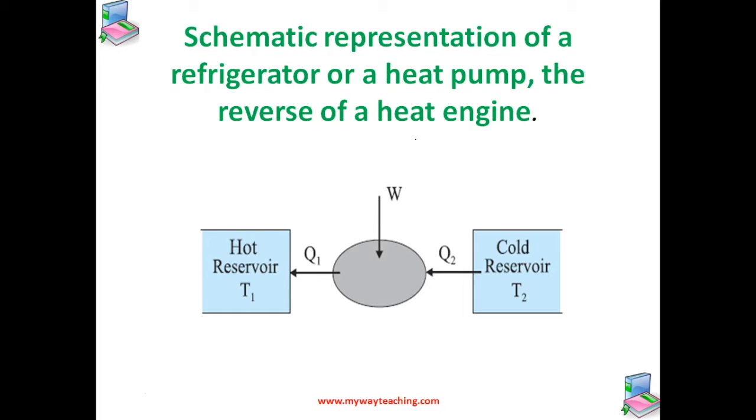Okay. See, in a refrigerator, the working substance goes through the following steps. What are those steps? The first step is sudden expansion of the gas from high to low pressure, which cools it and converts it into a vapor liquid mixture. This is the first step that happens in the refrigerator.